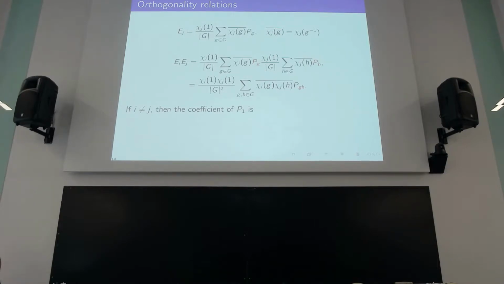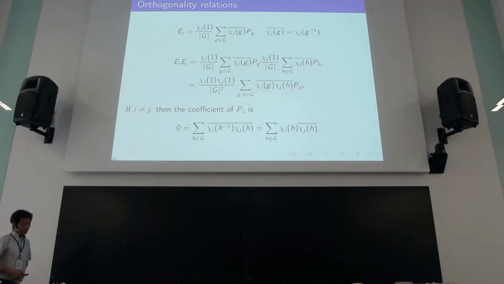But we know that if i is different from j, then this product is 0. So all the coefficients of a fixed permutation matrix are 0, but it's enough to look at the coefficient of the single permutation matrix, that is the identity matrix.